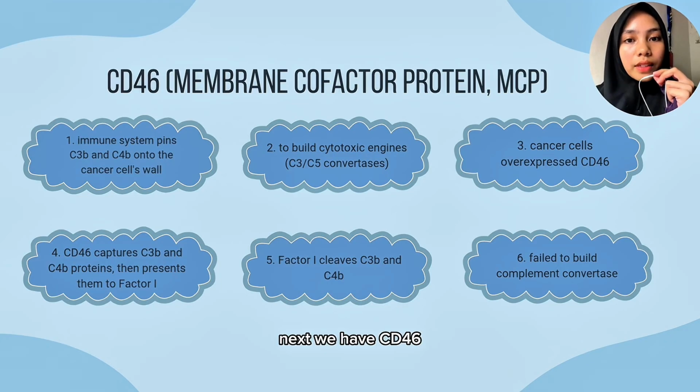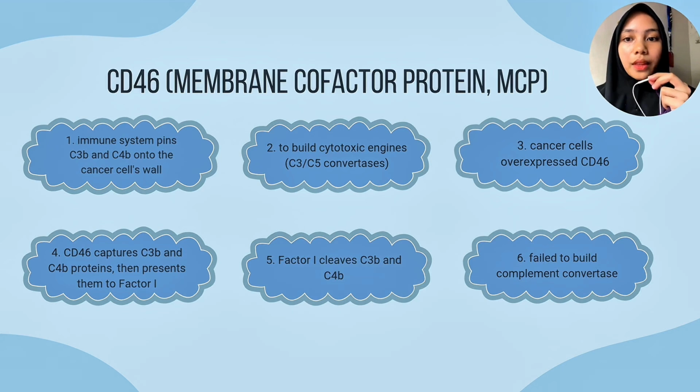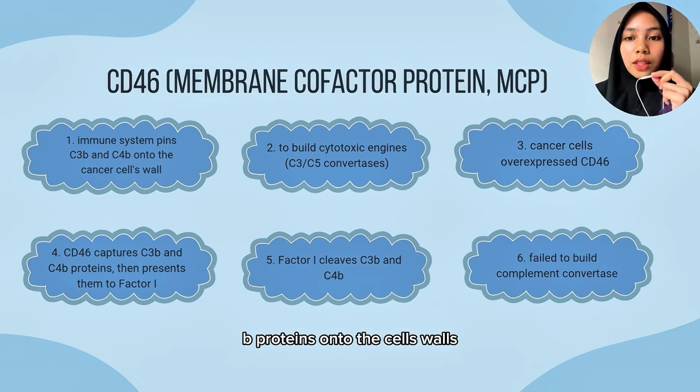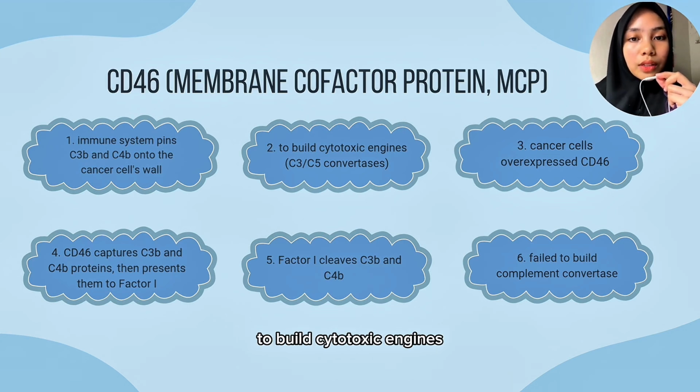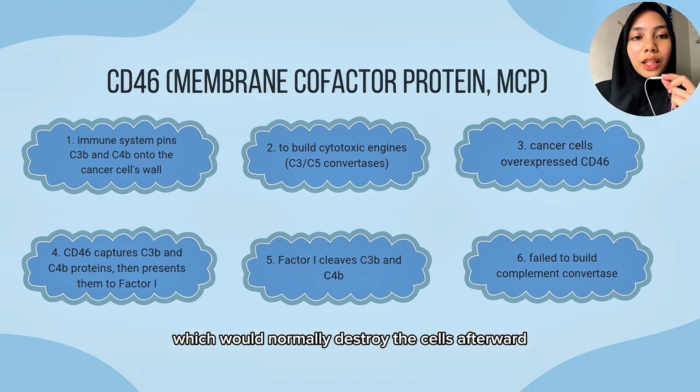Next, we have CD46, also known as membrane cofactor protein. Now, the immune system normally pins C3b and C4b proteins onto the cell's walls to build cytotoxic enzymes, specifically the C3 and C5 convertase, which would normally destroy the cells afterward.